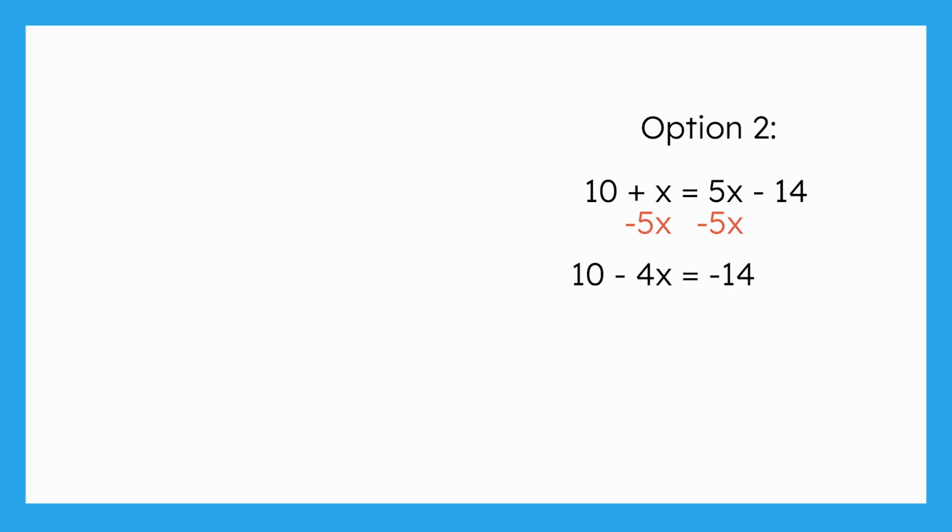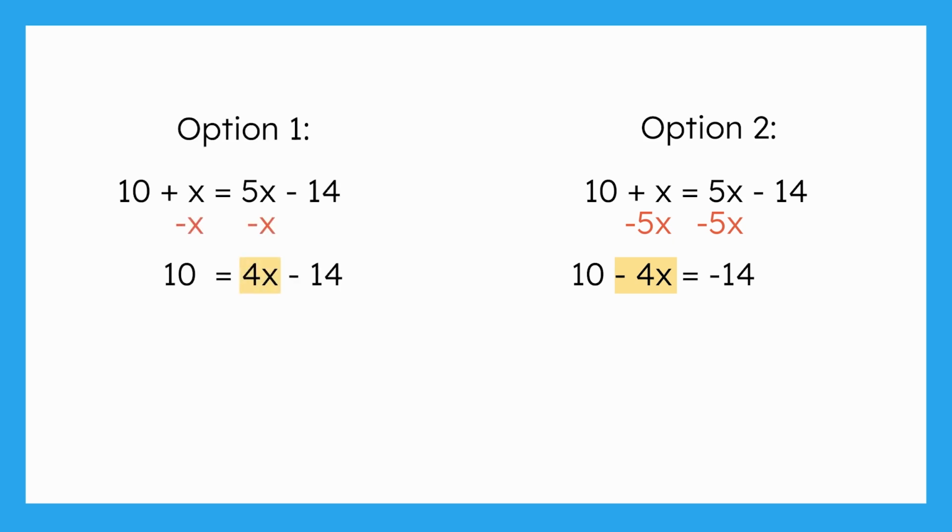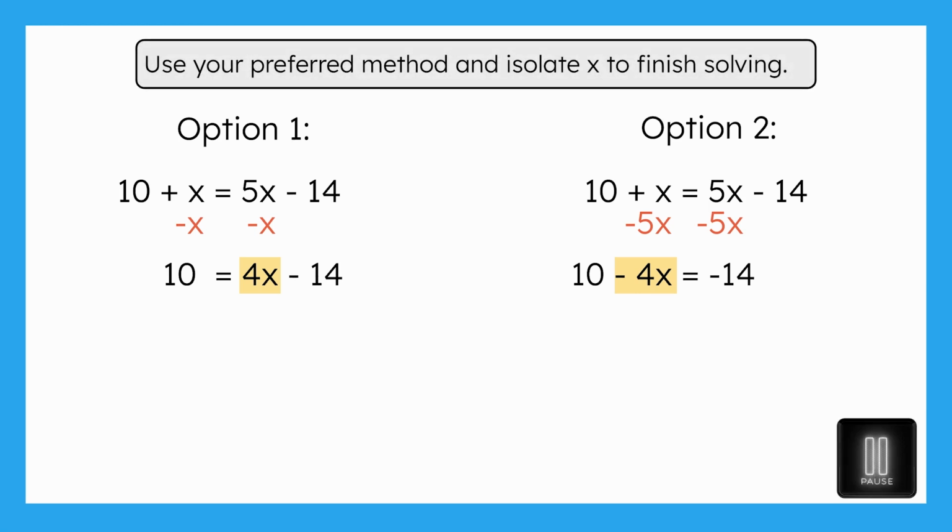Here, there's only one x term remaining on the left side of the equation. Both of these are totally correct. Since we can do anything we want to an equation as long as we do the same thing on both sides, there are often many ways to approach solving the same equation. No matter which method you used or you prefer, pause the video again here and isolate x to finish solving.